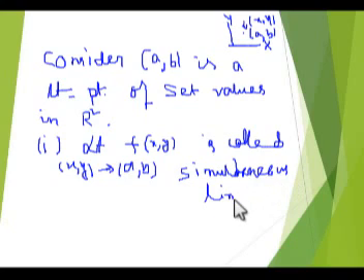Now, this is one kind; the second kind is the iterated limit.